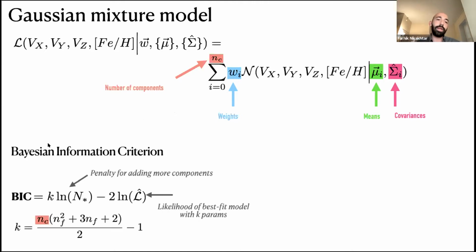For that, we use the Bayesian information criterion, or BIC. It has two parts. One is the penalty for adding more components, and the second part is the likelihood of the best-fit model with k parameters. This k is the number of free parameters in our model. NC is the number of components, and F is the number of features, which is 4 here.